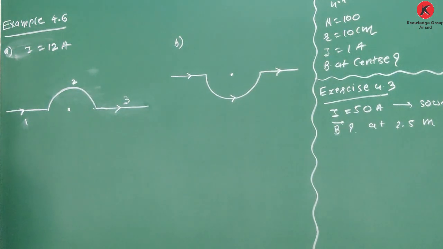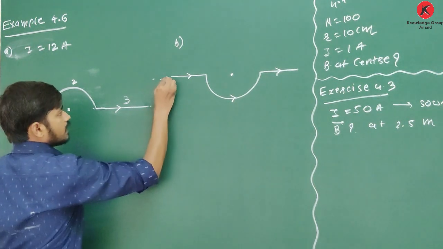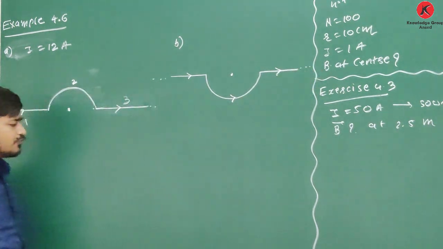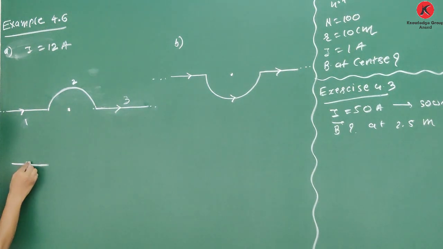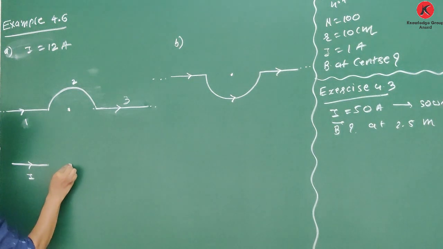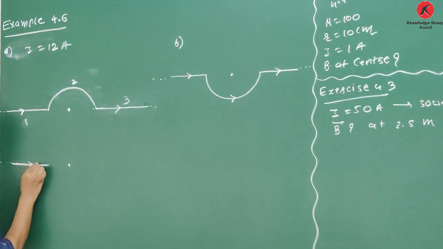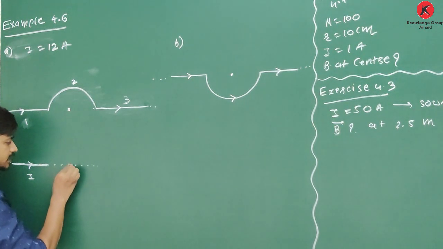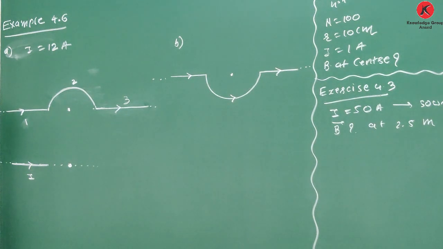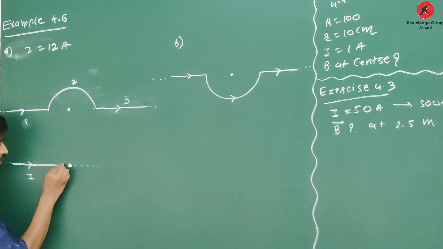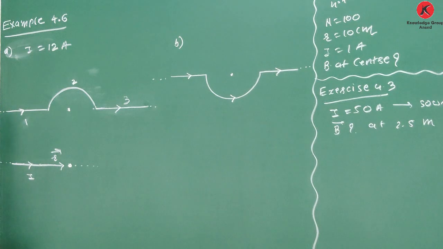Now for the wire, yes, of infinite length like this. See, if we have a wire like this, the current flowing is I. If I want to find the magnetic field at this point, that is on its axis, what you have to do? Yes, you have to draw the position vector in that direction. So yes, it is the direction of the position vector. What is the equation of magnetic field? B is equal to Biot-Savart's law.